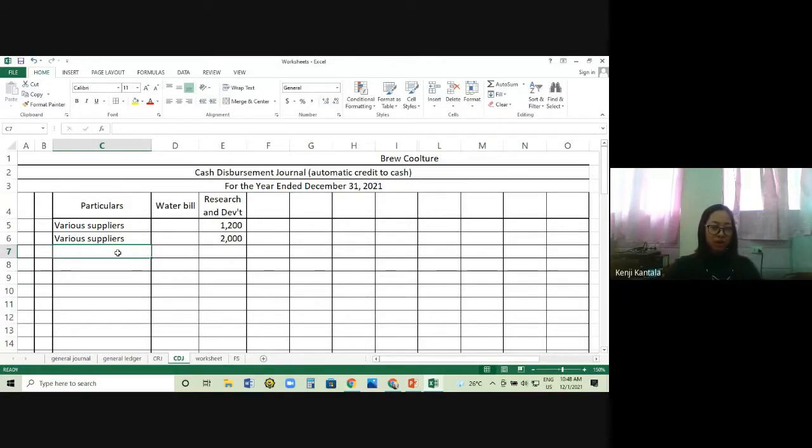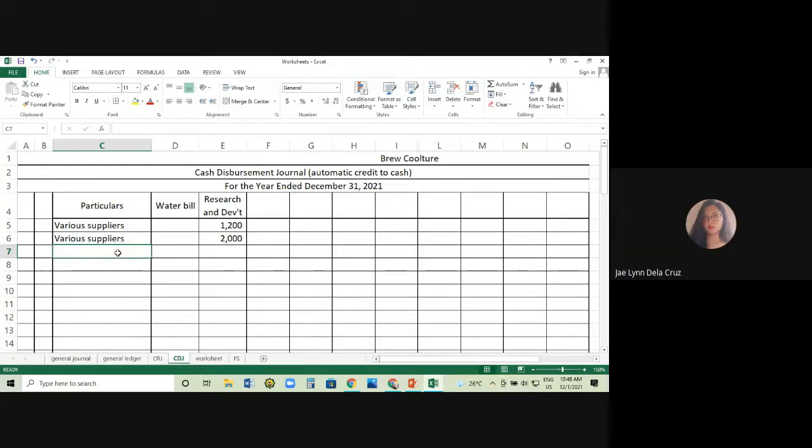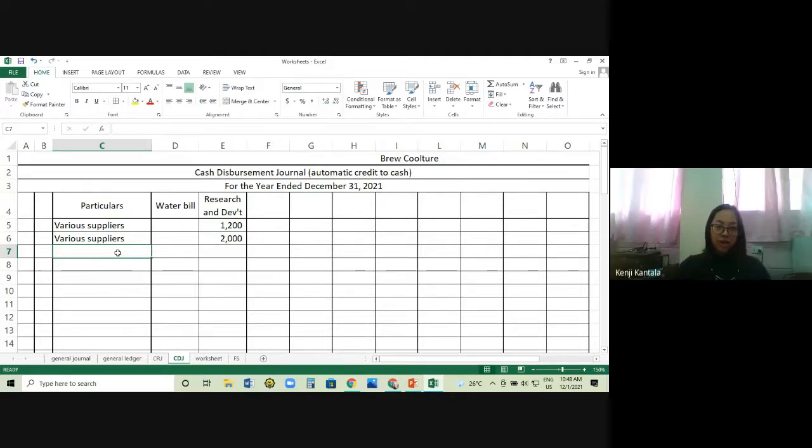So when we register our business, what are the government agencies involved? Ma'am, DTI and sa LGU po for business permit. Okay, DTI, LGU, and kakasabi ko lang kanina, we also have BIR. Yes.